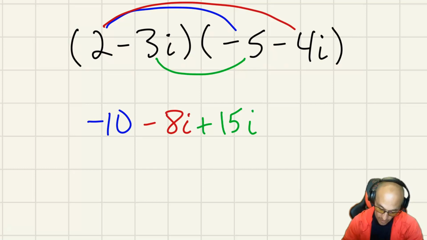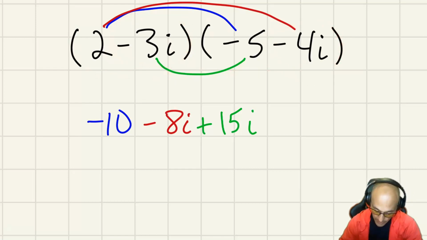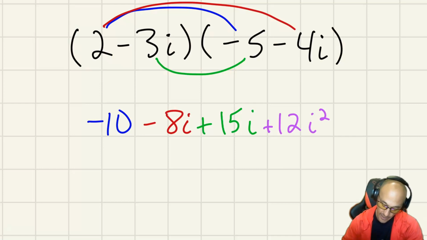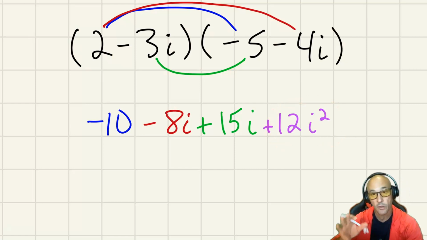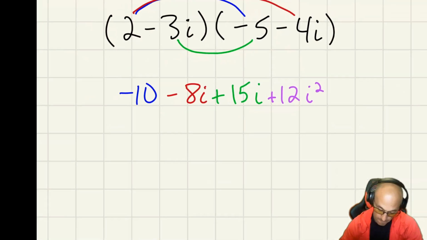And then we have our lasts, negative 3i times negative 4i. A negative times a negative is a positive, 3 times 4 is 12, and i times i is i squared. I think this is where the most interesting thing happens when we're thinking about these kinds of problems.